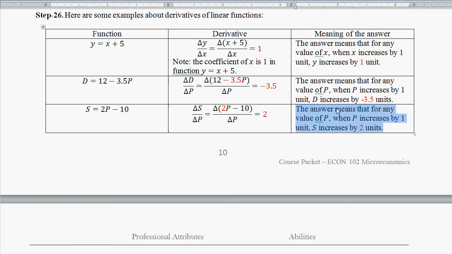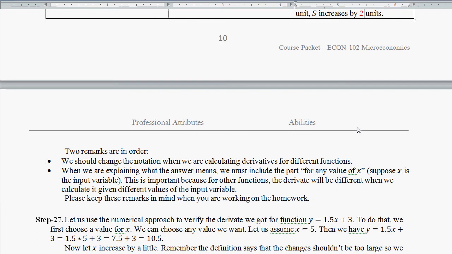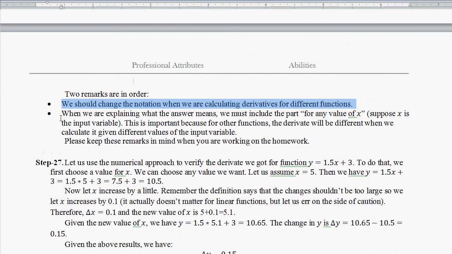So now we know how to use the derivative formula. But here we have 2 remarks about it. First, we need to change the notation. I've already said that. Second, when we're explaining what the answer means, we must remember this part: for any value of x, because the answer doesn't change.